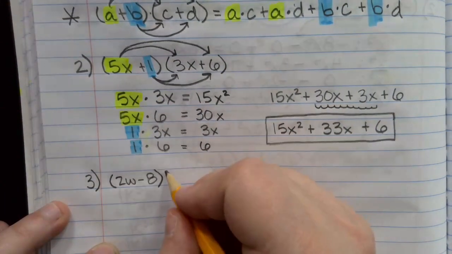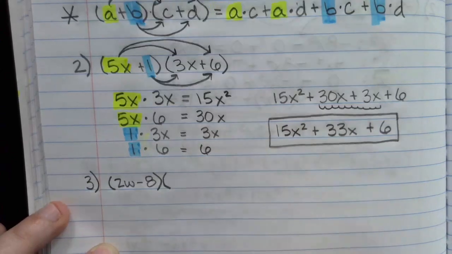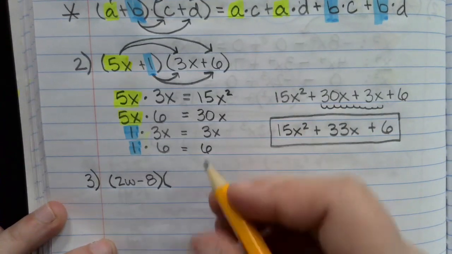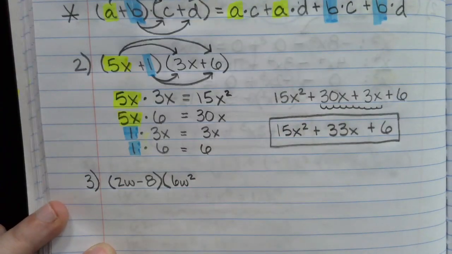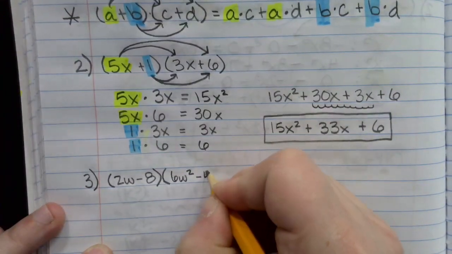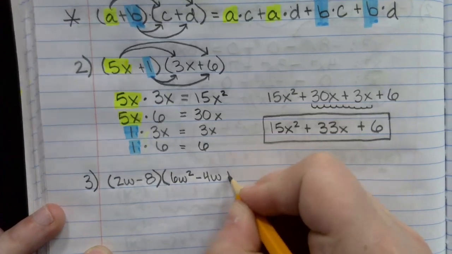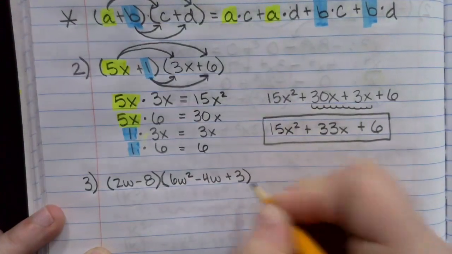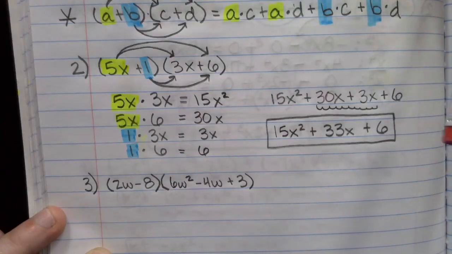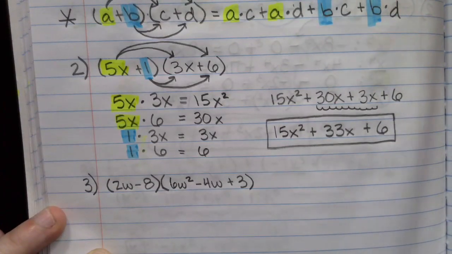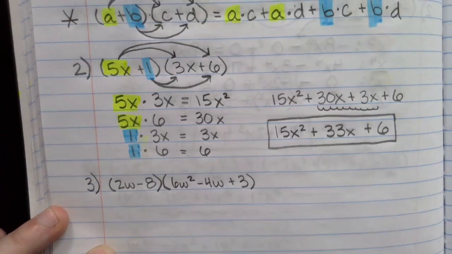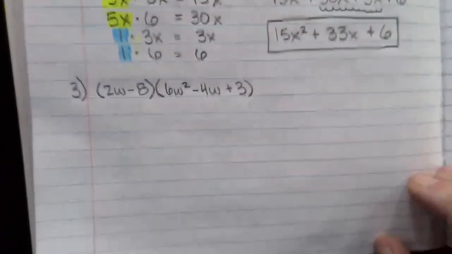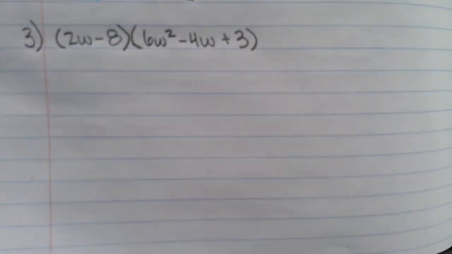And then we're going to do it times a trinomial, so 3 parts: 6w squared minus 4w plus 3. Alright, so make sure you got that written down correctly first. And then we're going to just do a bunch of crazy distributing.